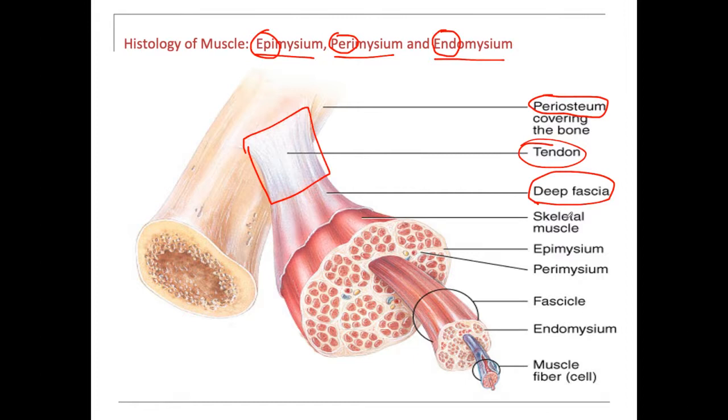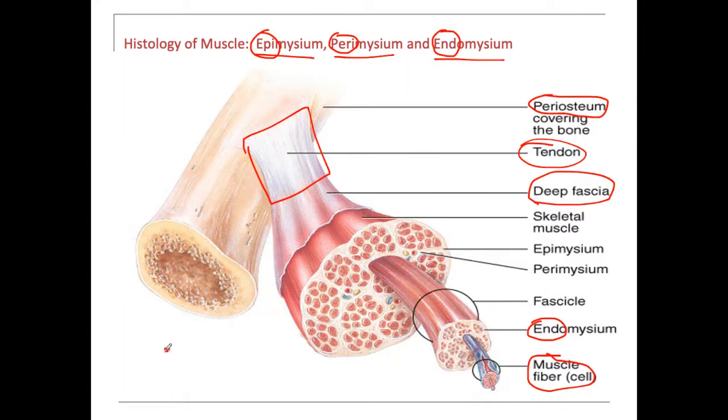Okay, let's look at these terms here. We have these small muscle cells. These are called muscle fibers. And these muscle fibers are surrounded by a layer called an endomysium. Let's see if I could draw this for you.